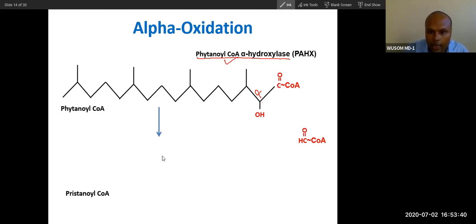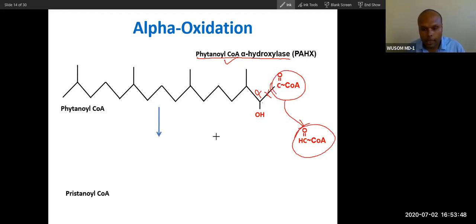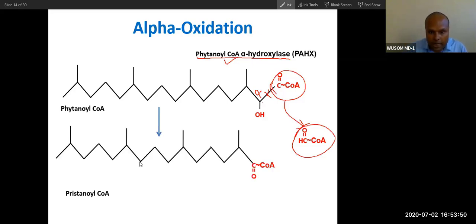Formyl coenzyme A will be produced, the first component. Then pristanic acid will form, as pristanoyl coenzyme A. Now this will undergo peroxisomal beta oxidation.